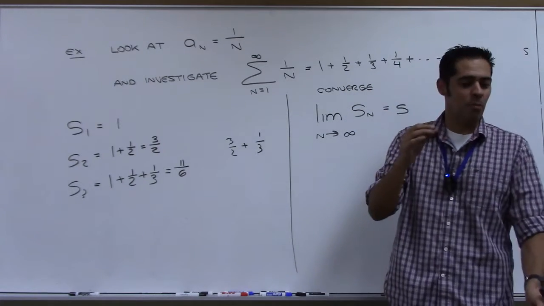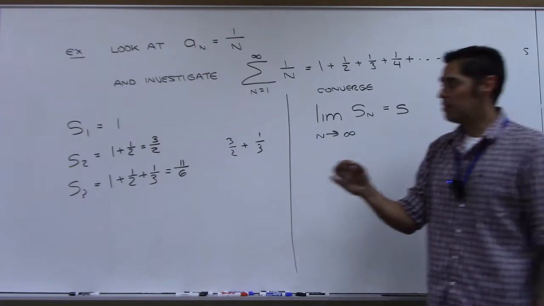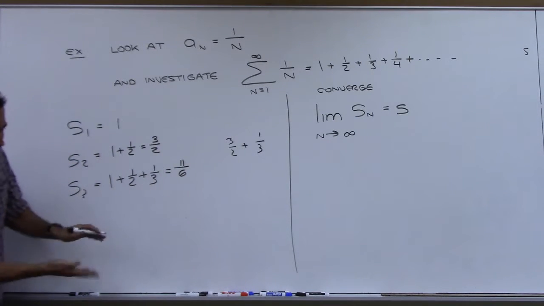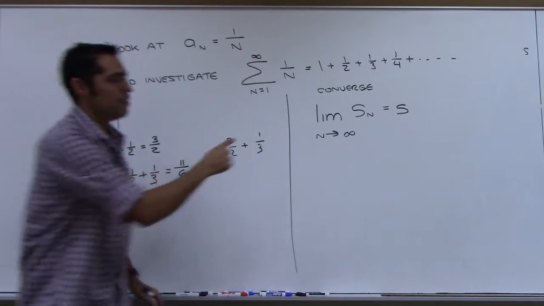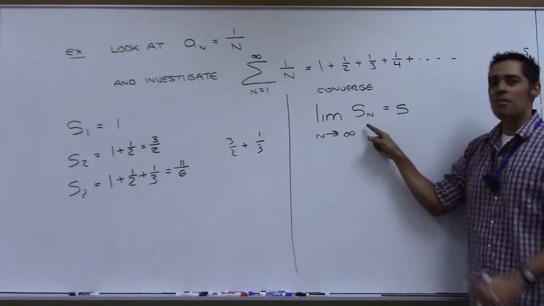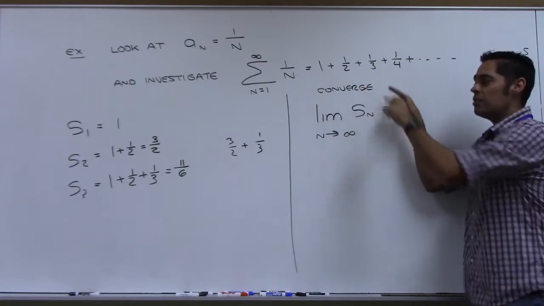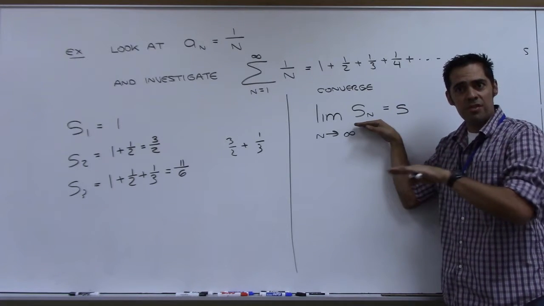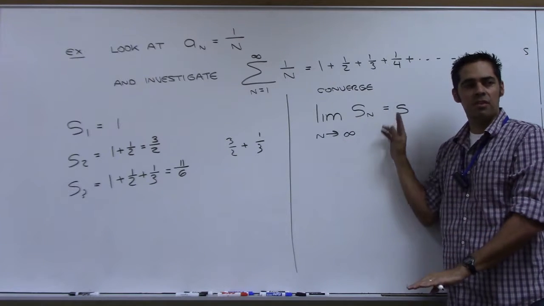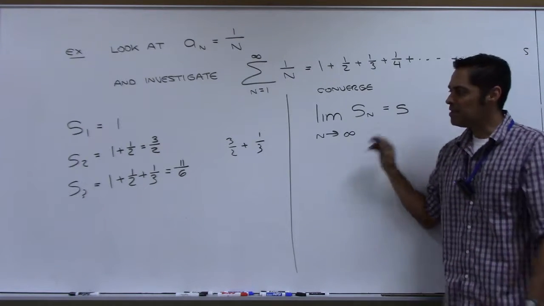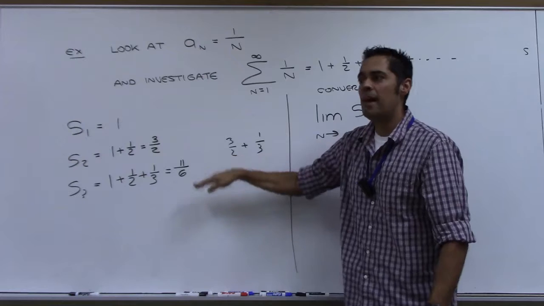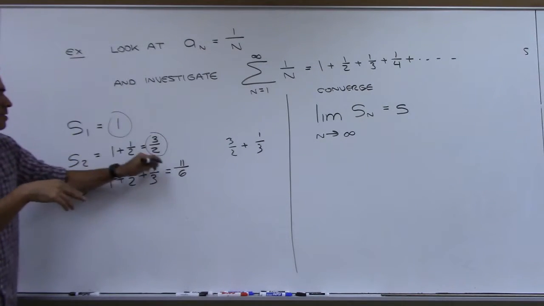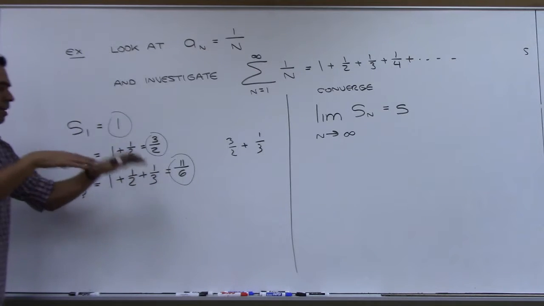What we've created, though, does anyone see what we've created over here? A sequence. And what this is saying is for the series to converge, the sequence we create of partial sums must converge. That means these sums have to be headed to a number. It starts out at 1, then it goes to 3/2, then it goes to 11/6, and it keeps going.